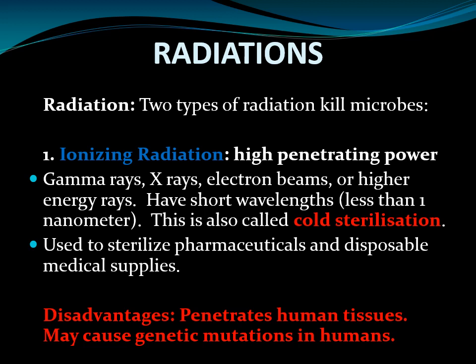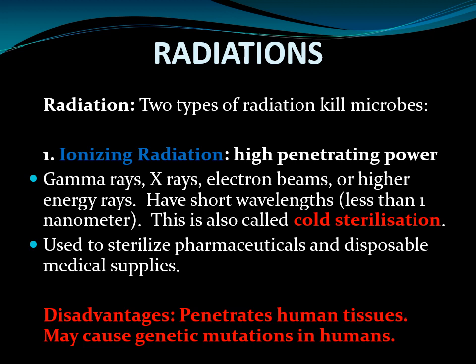Then comes radiation. Among radiation, two types are there, ionizing and non-ionizing. Ionizing radiations, examples are gamma rays, X-rays, and electron beams, have a shorter wavelength. When we are sterilizing by radiation, the temperature will not rise, therefore it is also called cold sterilization.